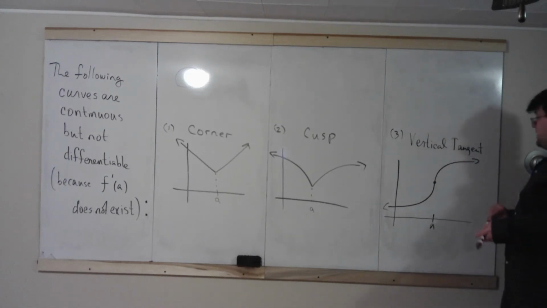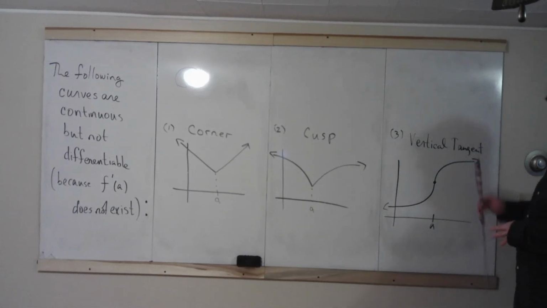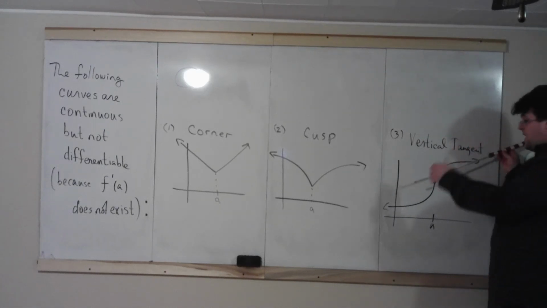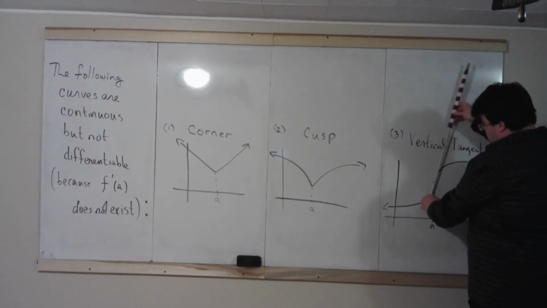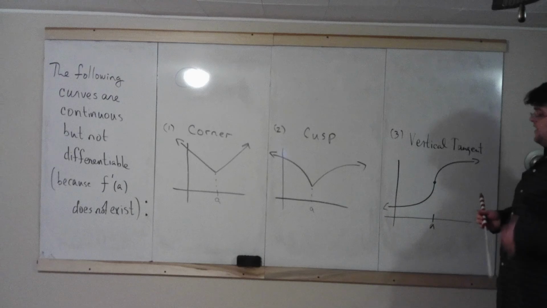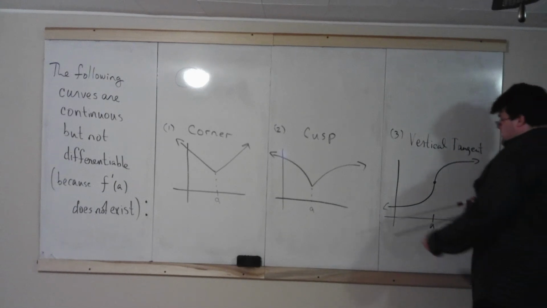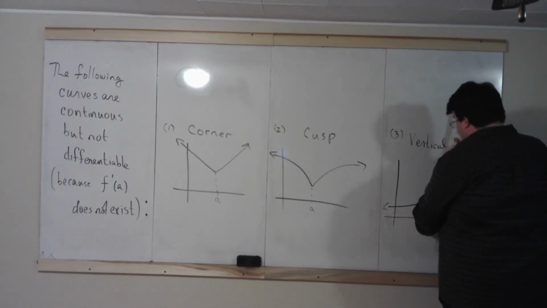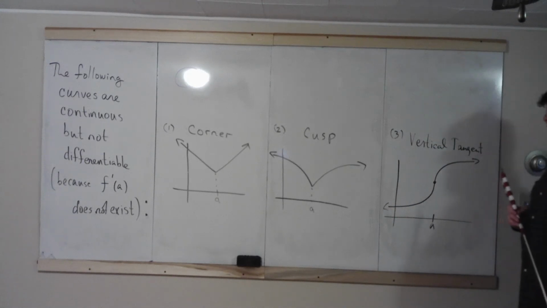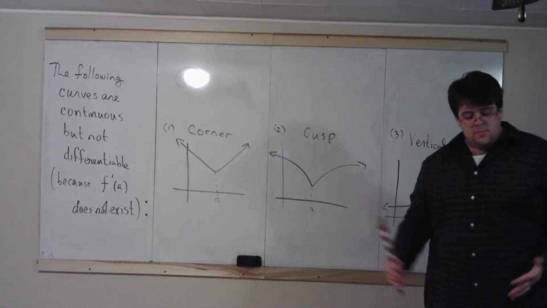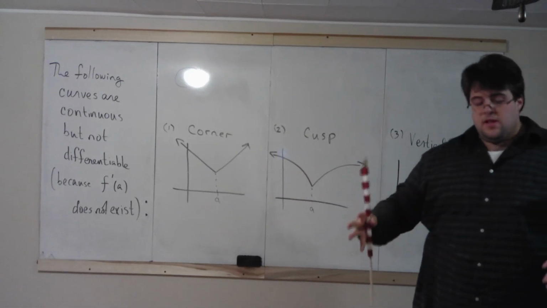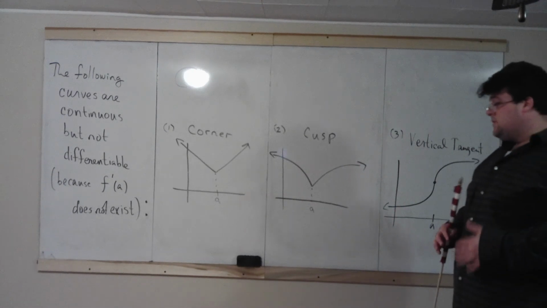So in particular, since the tangent is a vertical line, the limit on the right of A would be positive infinity. Immediately, right there, the derivative doesn't exist. But also on the left of A, we also have a limit of positive infinity. The theorem for limits says the limit on the right equals the limit on the left.